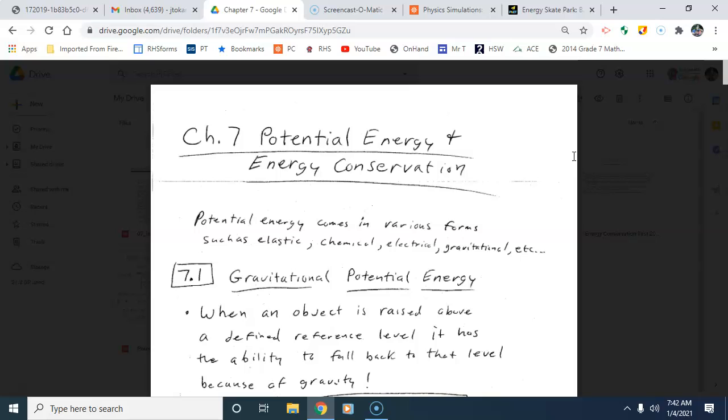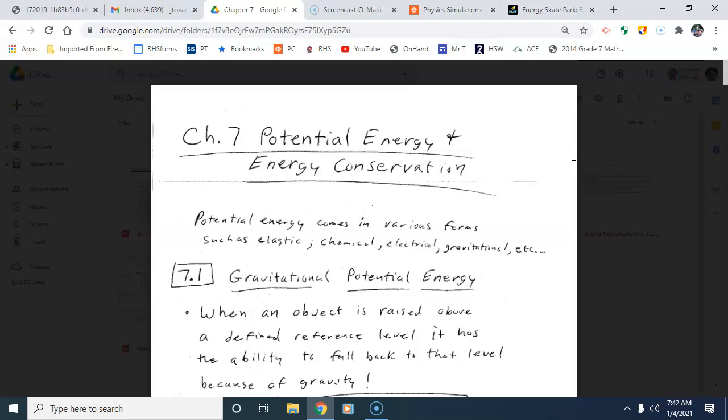So now we're going to get into potential energy. Potential energy has various forms. There's chemical, electrical, elastic, gravitational. But to start, we're going to focus on gravitational, and probably the only other one we'll really focus on in this chapter a little bit later is elastic.